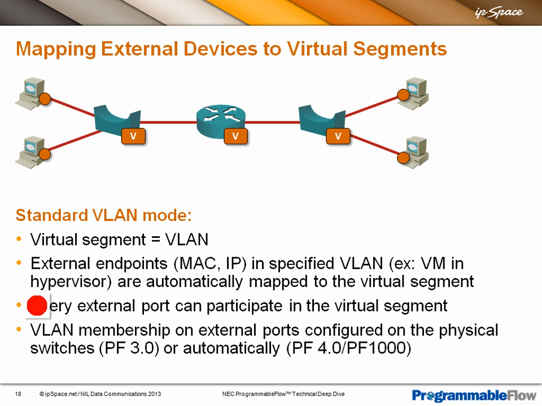And with this, every external port that you configure that can participate in this particular logical segment can automatically belong to that segment. And the VLAN membership has to be configured manually. So the trunk links have to be configured manually on the external ports with the prior software release. And now with PF1000, because we are controlling the whole thing, you automatically configure the VLAN membership with Hyper-V.